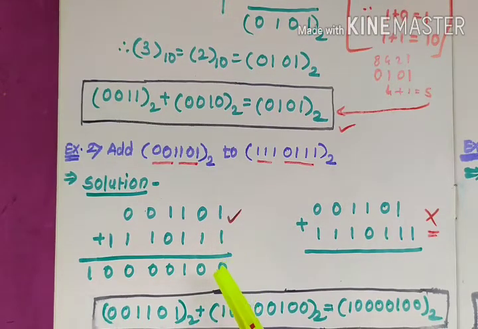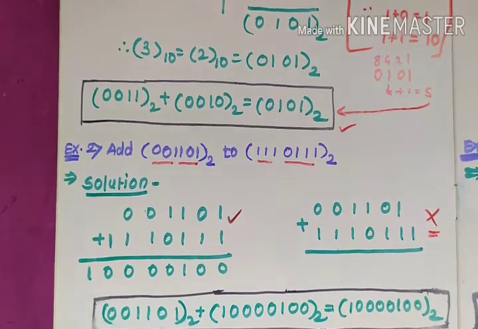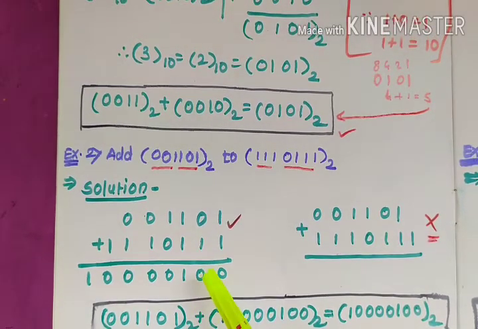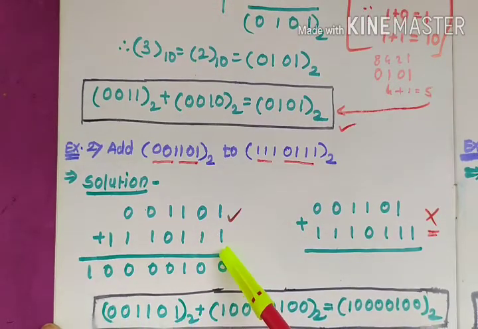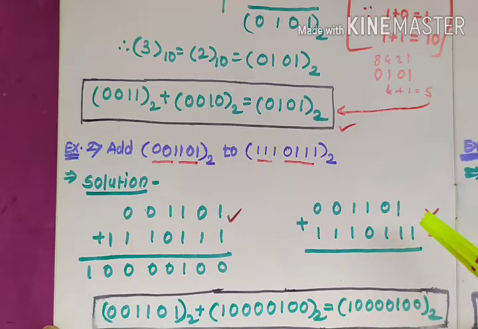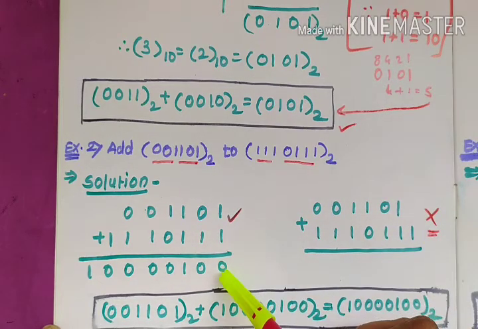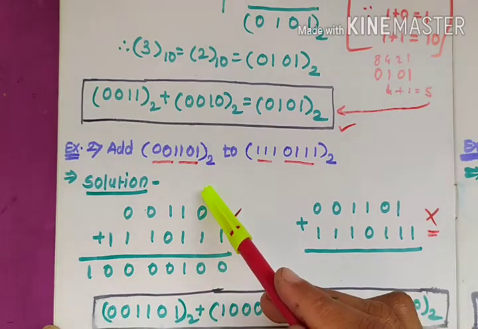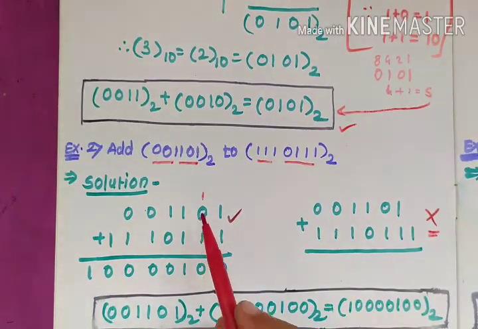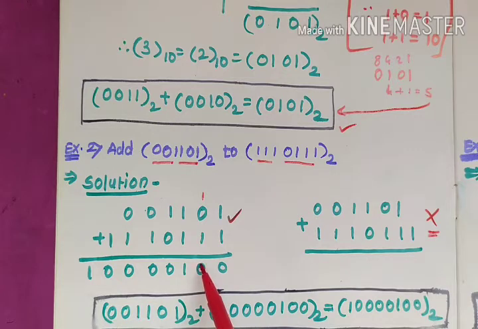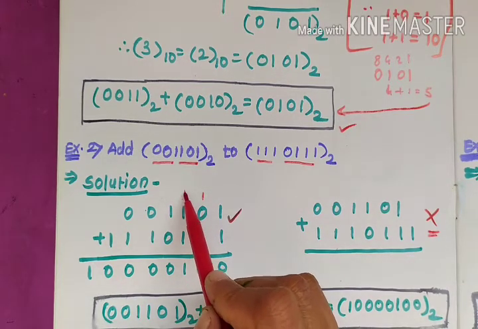Now perform the addition, writing the first number's LSB and the second number's LSB in this way. Remember that you have to start from the right side. This 1 plus 1 is 0, sum 0, carry 1. Again 1 plus 1, sum 0, carry 1.